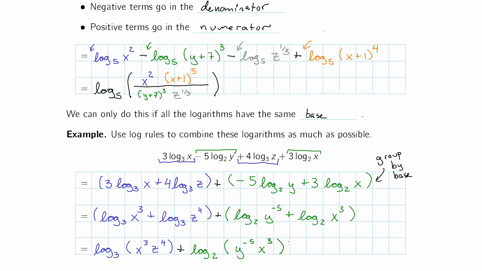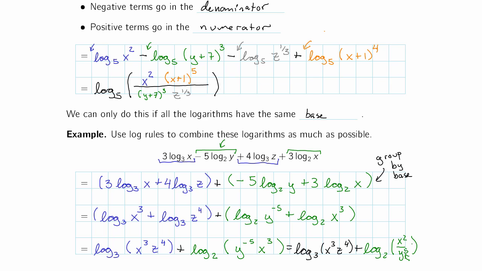Or, if I don't like negative exponents, I could instead rewrite this, leaving the first term alone, and in the second term, write y to the fifth in the denominator instead. So this term did give us something in a denominator, as long as we write it with positive exponents. So that's what we have to do if our logs have different bases. If our logs have different bases, we have to group them by the base. We can only combine logs with the same base.